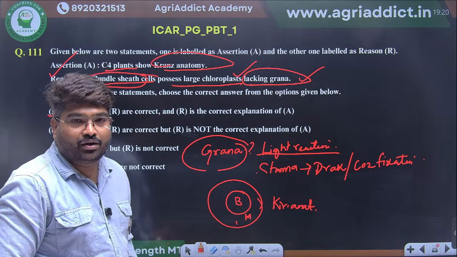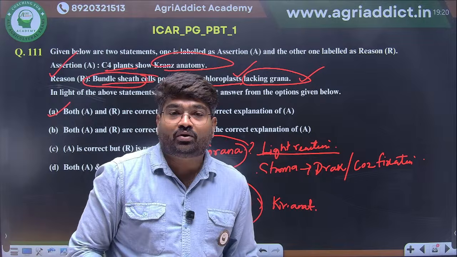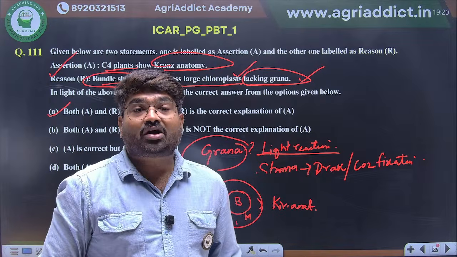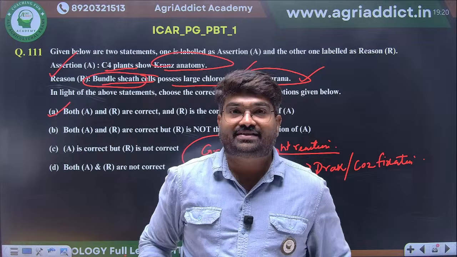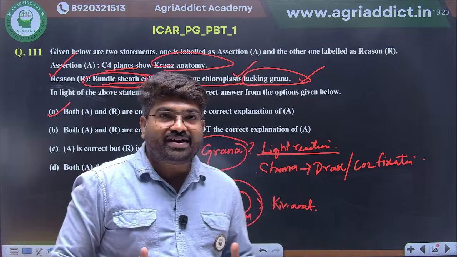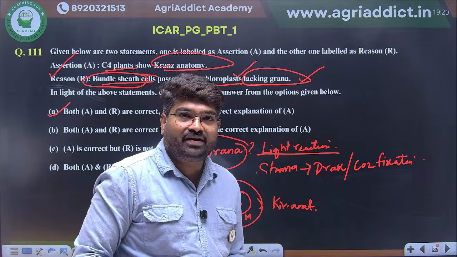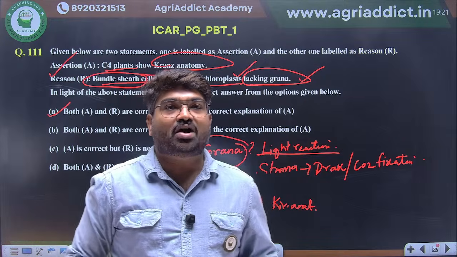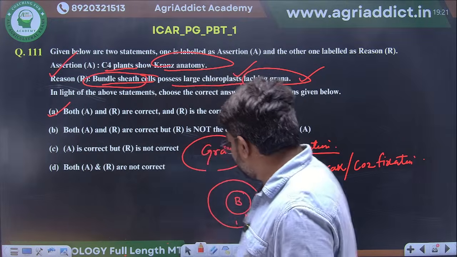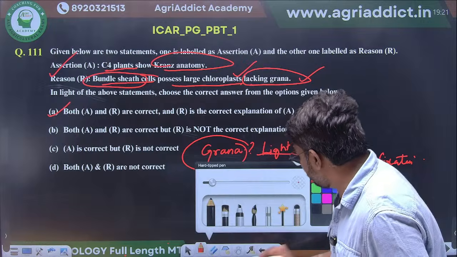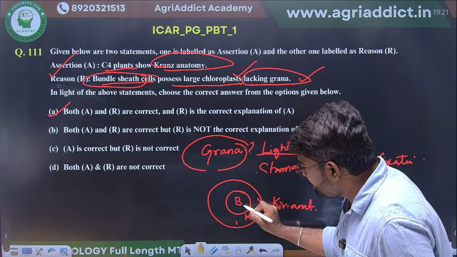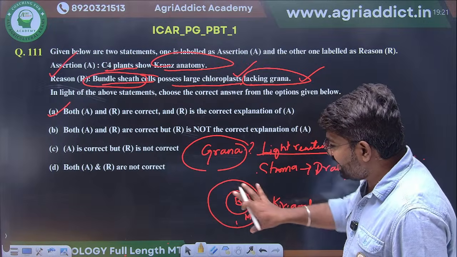We already know the Rubisco enzyme has both carboxylase and oxygenase activity. To reduce the oxygenase activity and to enhance the concentration of CO2 in this specific bundle sheath cell, this anatomy is there.